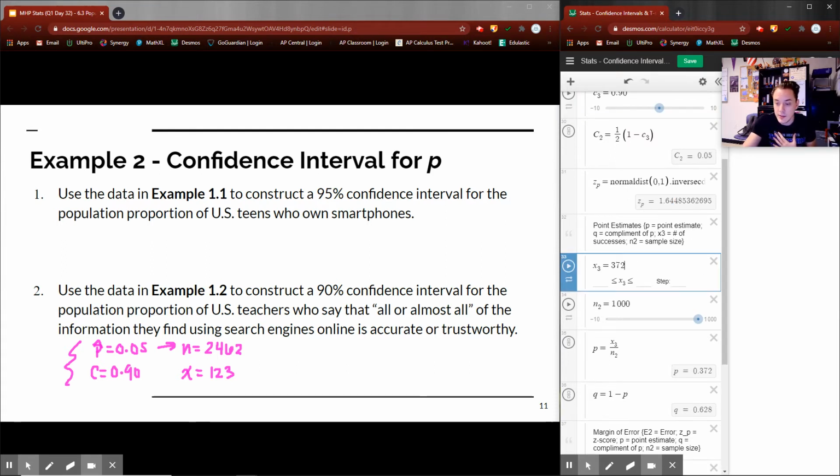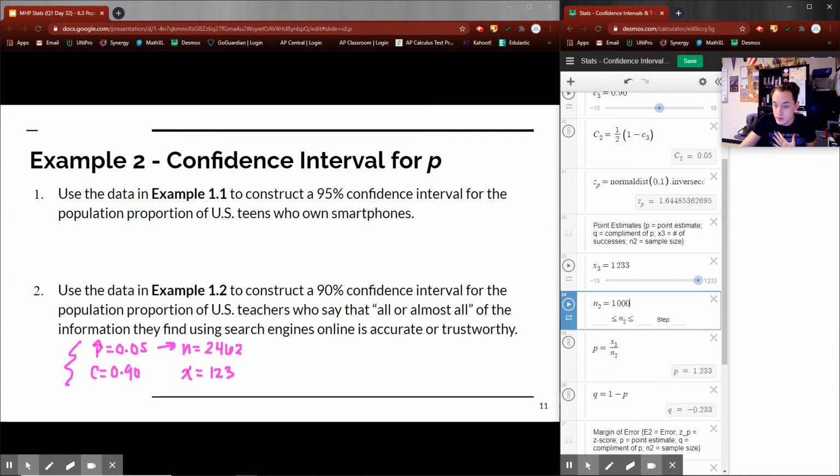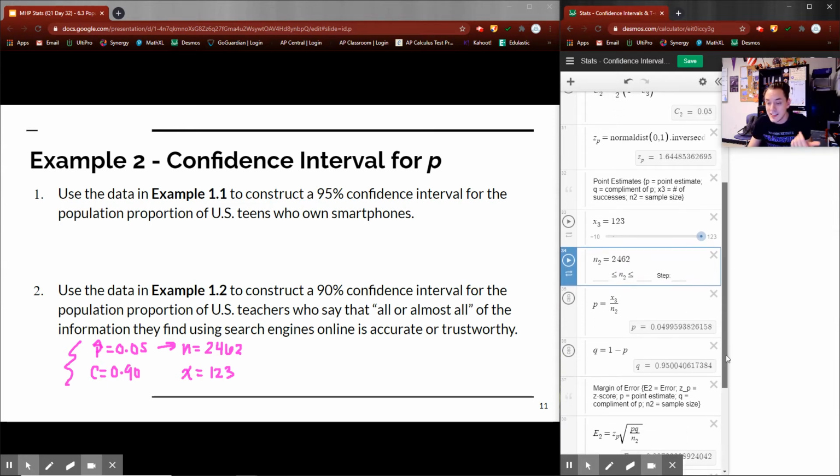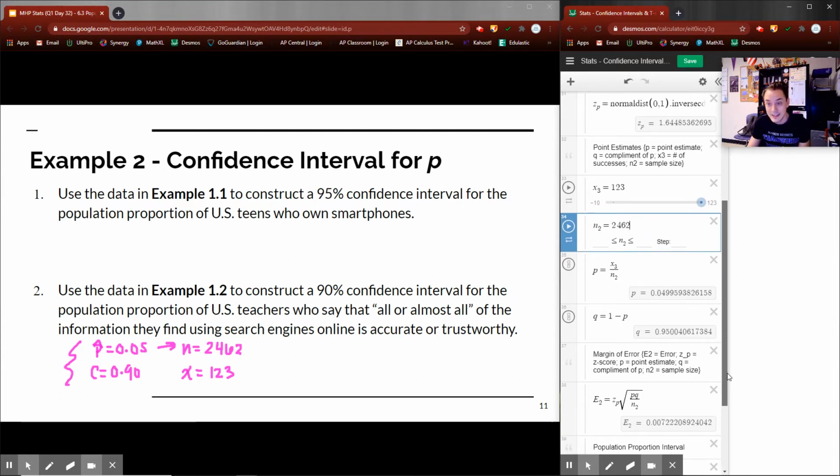So my X is going to be 123. My N, whoops, let's go up and erase that 13 there. And then my N is 2,462. So notice how I get the same P and the same Q for my probability of success and so forth. Pretty awesome.